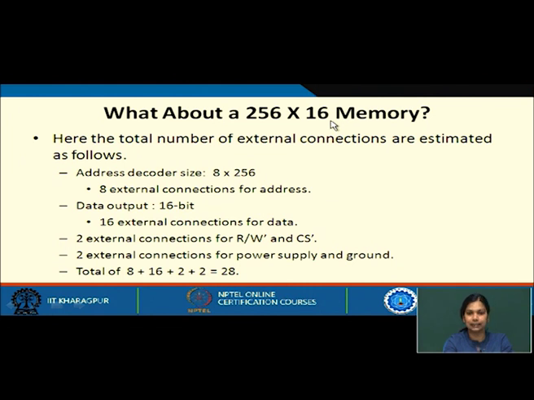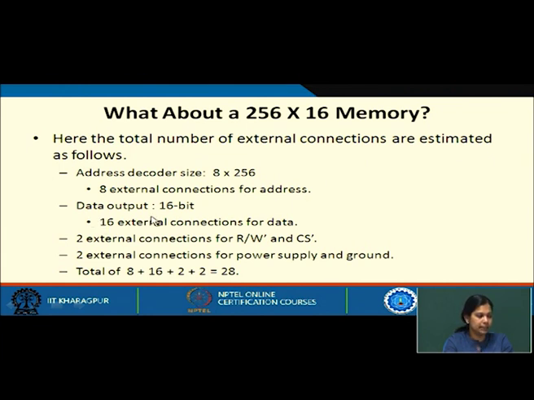Now, let us see what about this 256 cross 16 memory. There will be 256 rows. To select any one of the 256 rows, you require an 8 cross 256 decoder. So, the address decoder size will be 8 cross 256, and 8 external connections for address will be required.